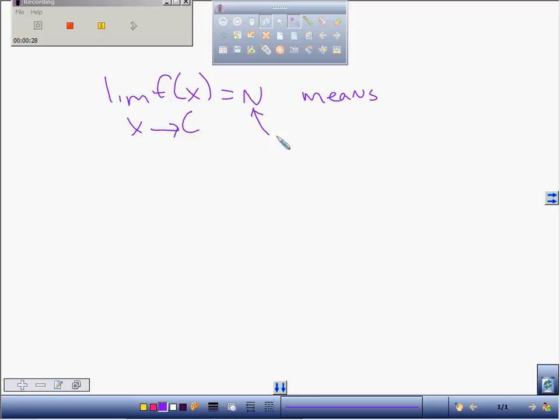that you get very, very close to as x gets very, very close to c, but you never actually touch that number n.